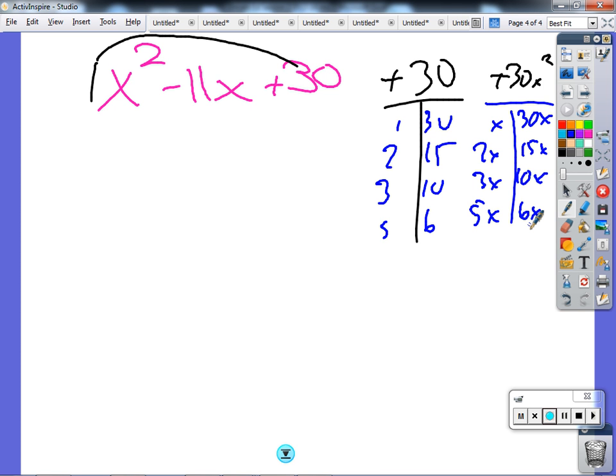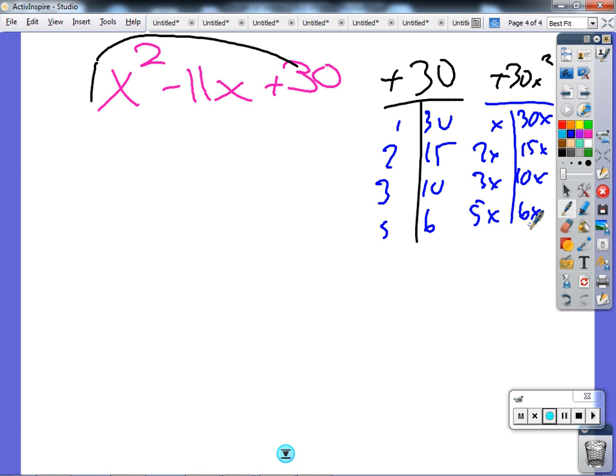So last time, remember, we had a negative 12, correct? And what did we do to our numbers? We subtracted them, right? With this being a positive 30, what do you guys think I'm going to do? I'm going to add these. Okay?